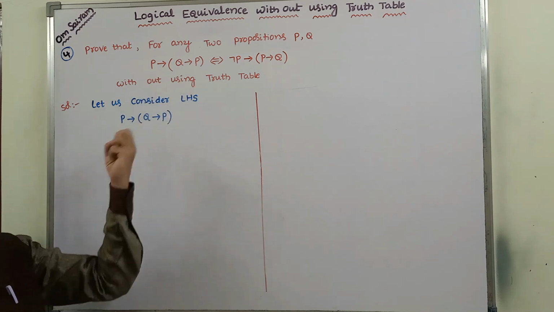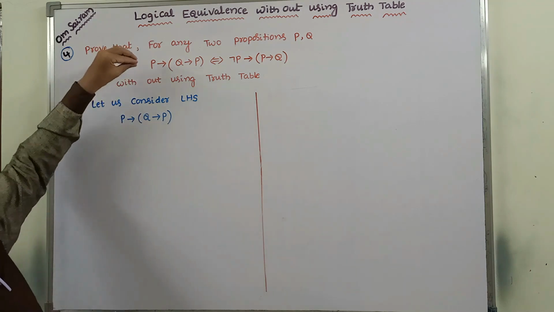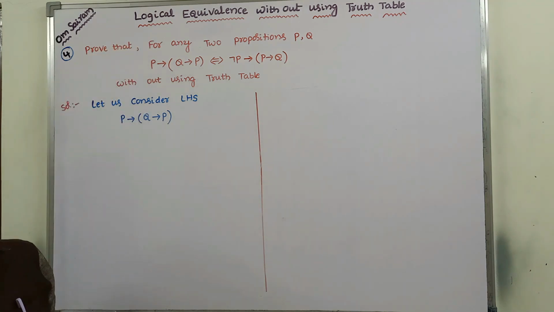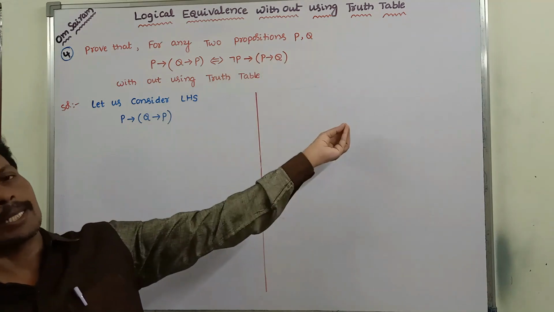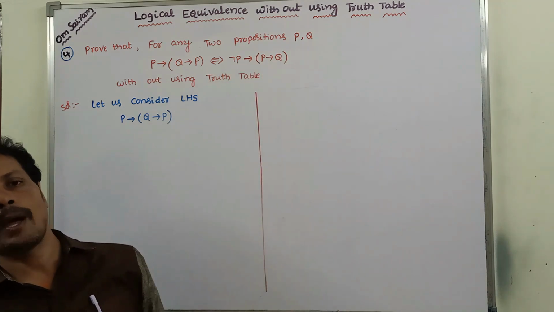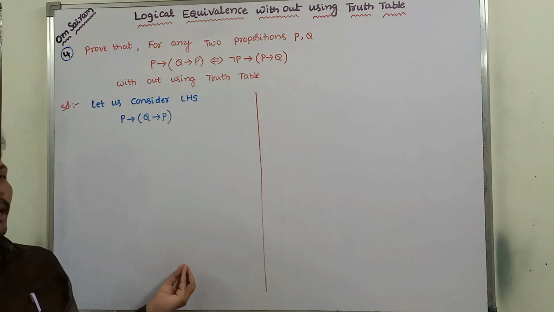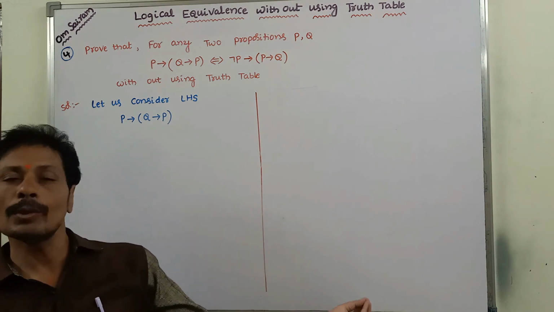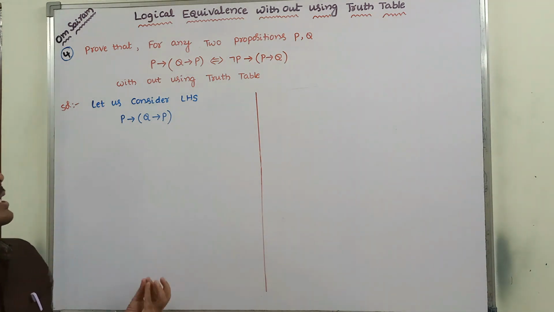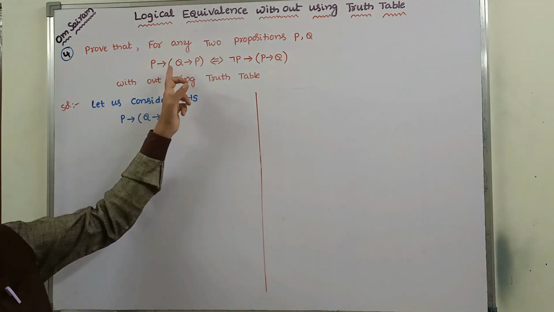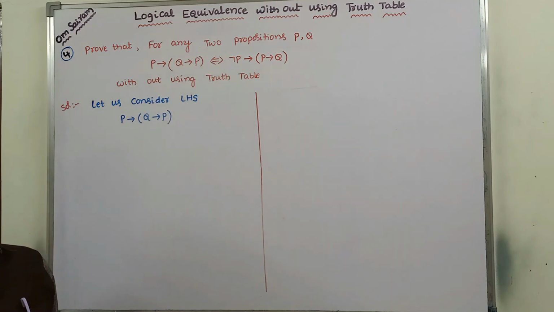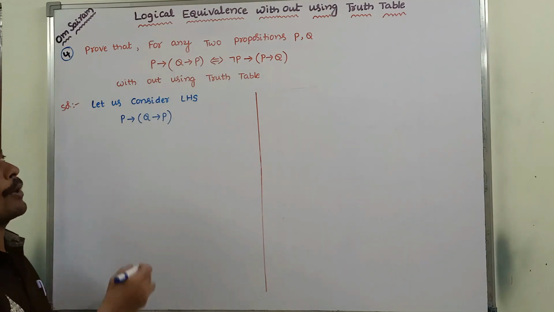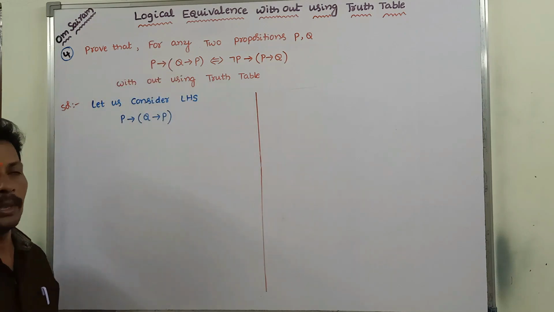Okay, for this problem I am taking the LHS part, we are getting some value. I am taking the RHS part, we are getting some value. This value is logically equivalent to this value. Hence, we can say that this formula is logically equivalent to this formula. So, this is the procedure we have to follow to solve this problem.